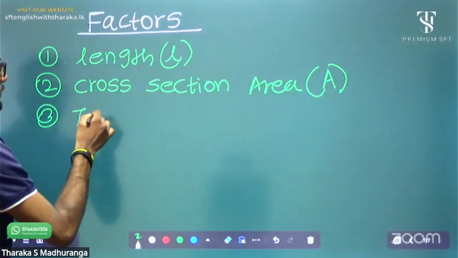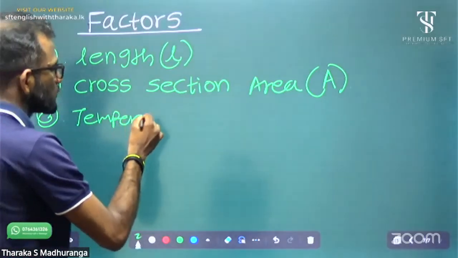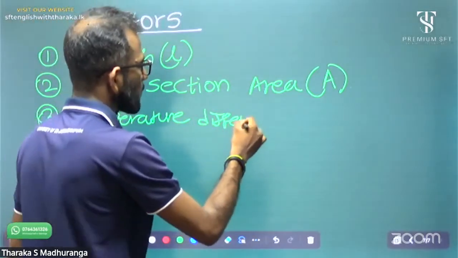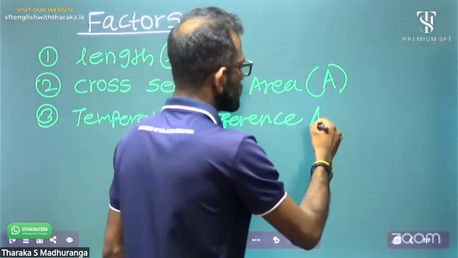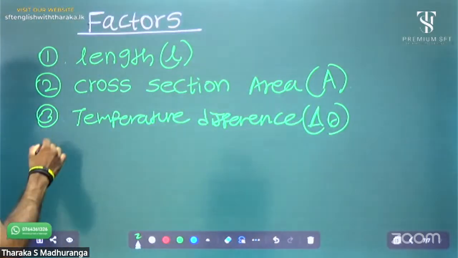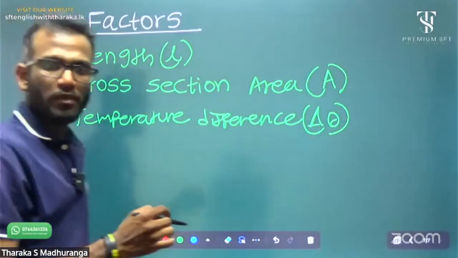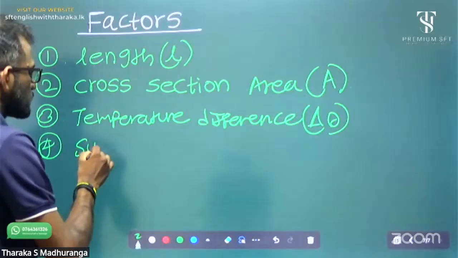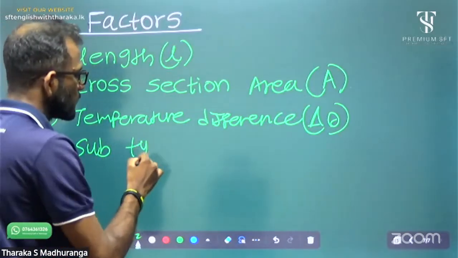Temperature difference, delta theta. The fourth and final one is material type, or substance type.